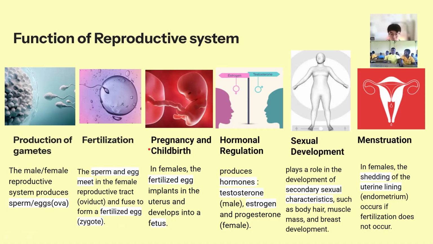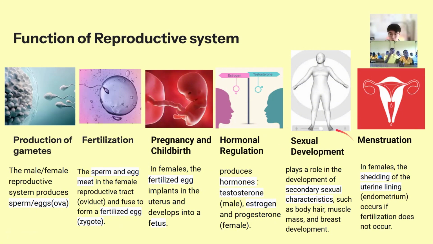And pregnancy and childbirth are also involved. So in female, the fertilized egg implants to the uterus and develops into a fetus. And the reproductive system also controls our hormones. So it produces hormones, testosterone for male and estrogen for female.